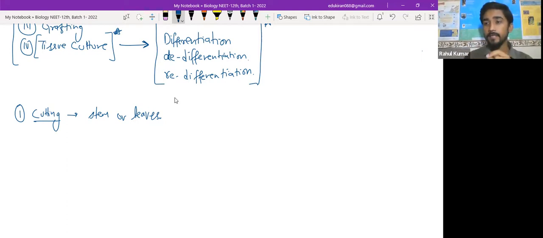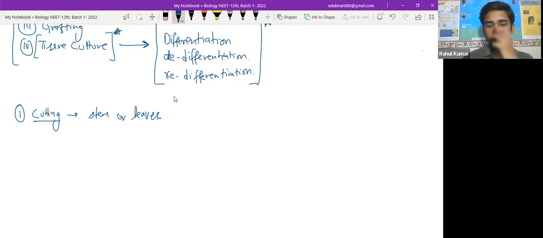So for anything to develop in soil, it needs to have roots, correct? Roots developed in a place where they should not have been are called adventitious. So when you cut stems or leaves and put them in the soil, adventitious roots start growing, and then a plant starts growing out of it. Is it clear, everyone?